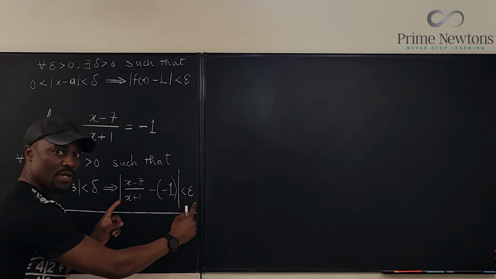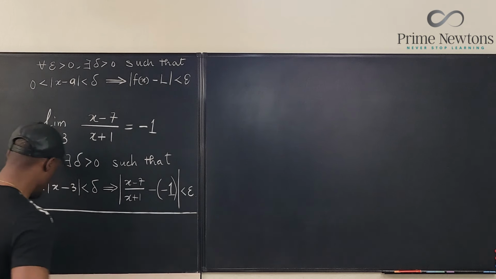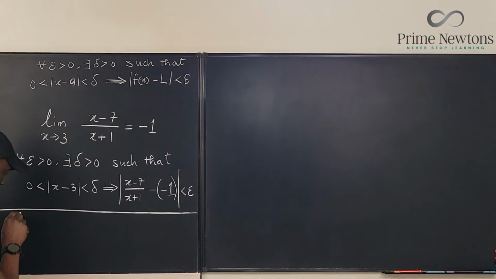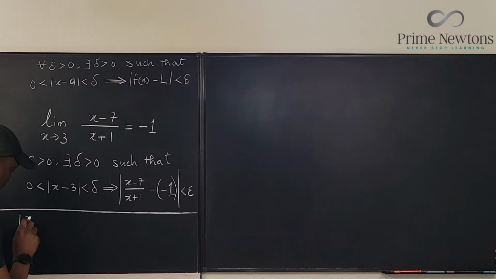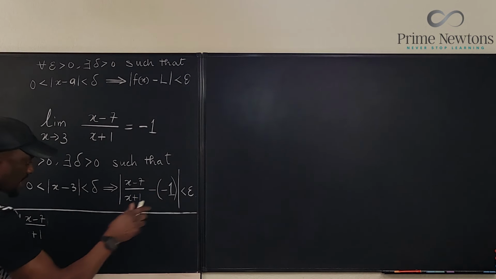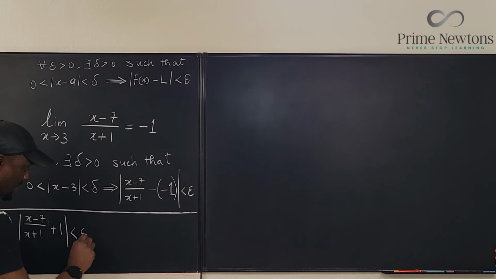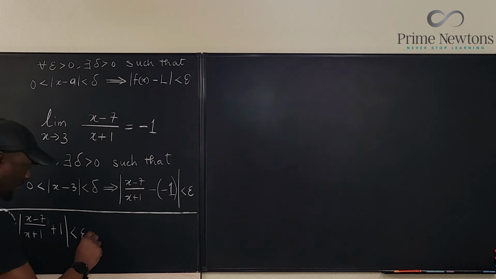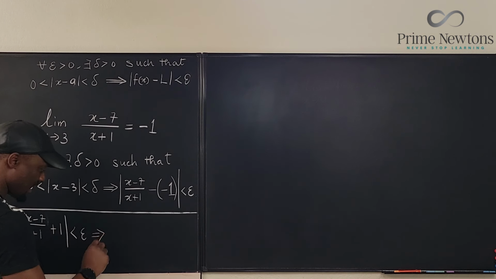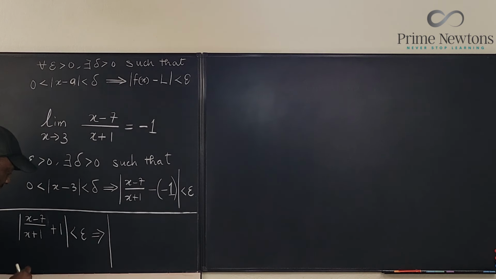So remember, always start from here to find your delta. So you're going to say that I have the absolute value of x minus 7 over x plus 1 here. Now this is minus minus, which is going to become plus 1, is less than epsilon. But you know, this is the same thing as if I try to make this a single fraction, what would I get?